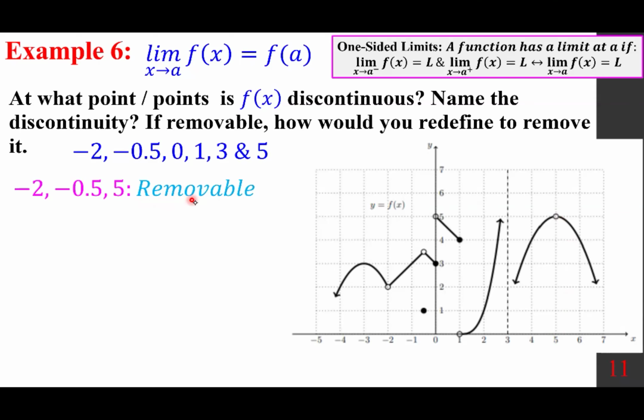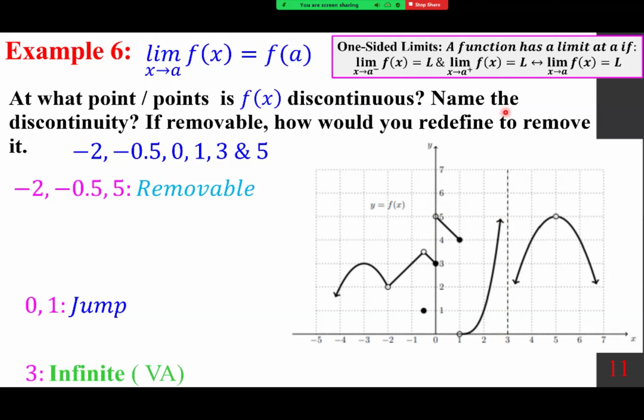Notice right here at 0, there is a gap, so there is a jump. So there is a jump at 0. Over here, the same situation. I don't see any more jump. So we have 0, 1 as a jump. And there is one more, it's number 3. It's infinite, or VA, or vertical asymptote.